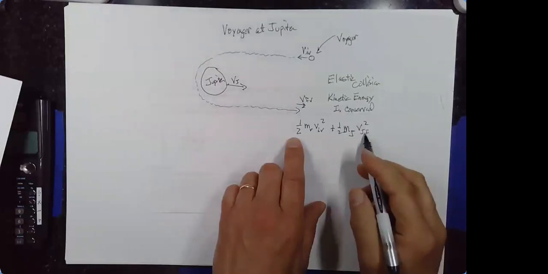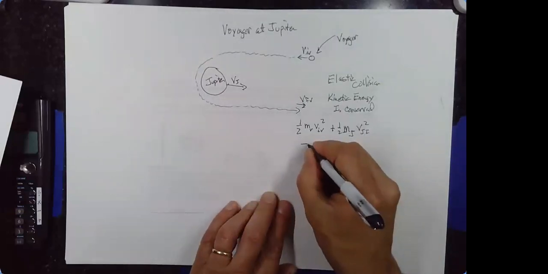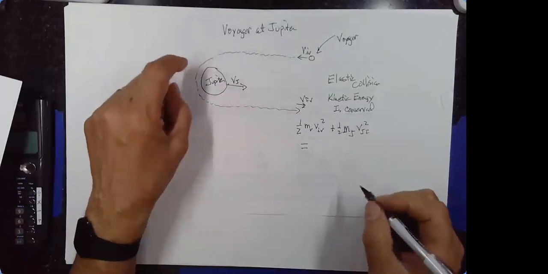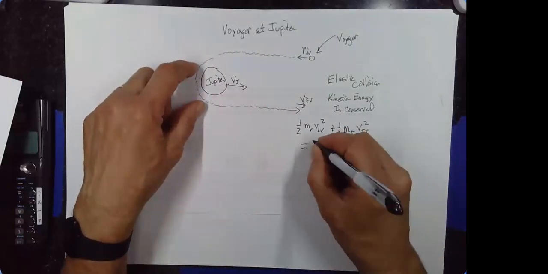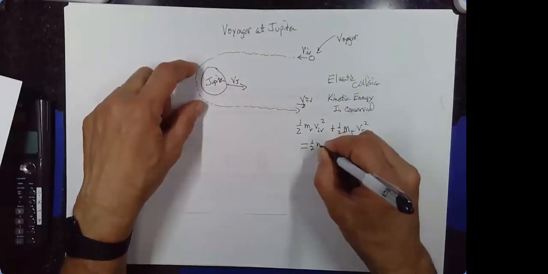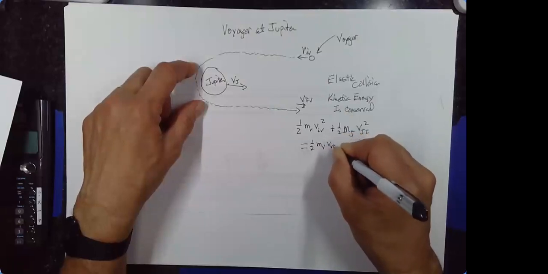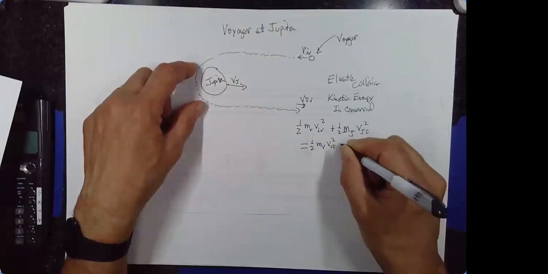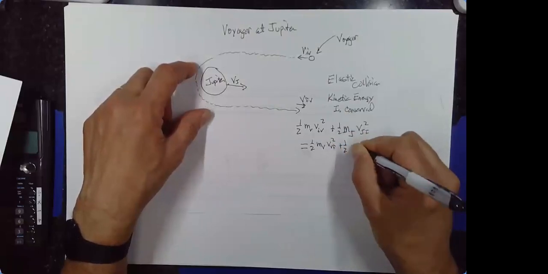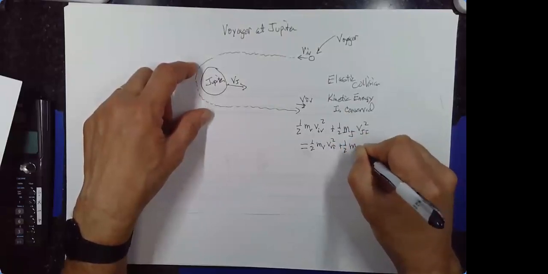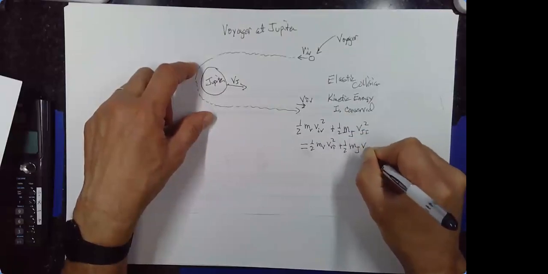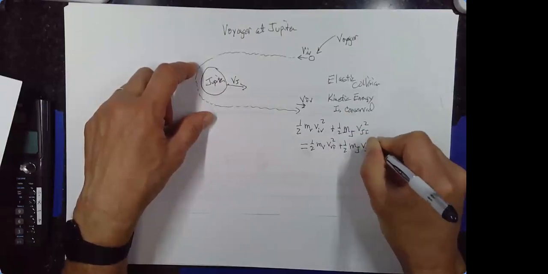That's the initial kinetic energy. That will equal 1/2 the mass of Voyager, V Voyager final squared, plus 1/2 the mass of Jupiter, V Jupiter final squared.